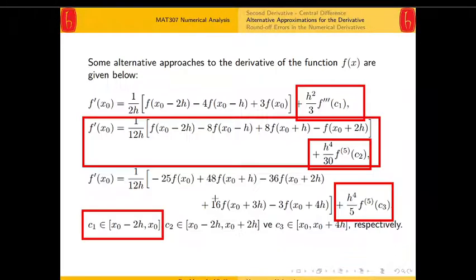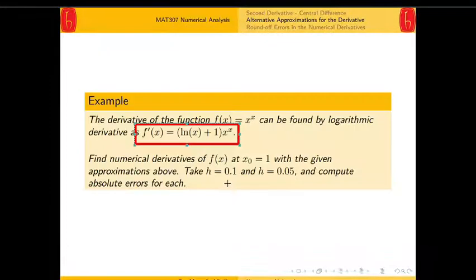We have given 3 approximations, and we will use these to approximate the derivative of f at x naught equals 1. We take h equal to 0.1 and h equal to 0.05 to compute errors and find approximations.